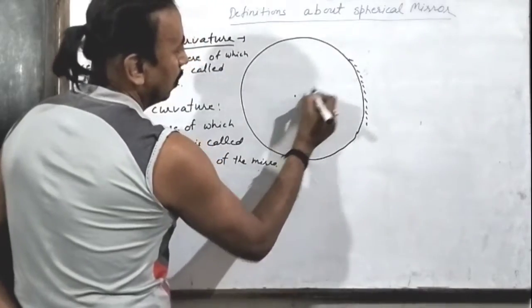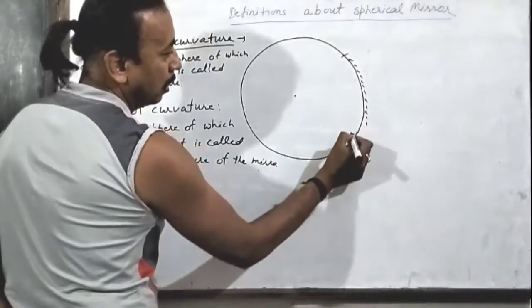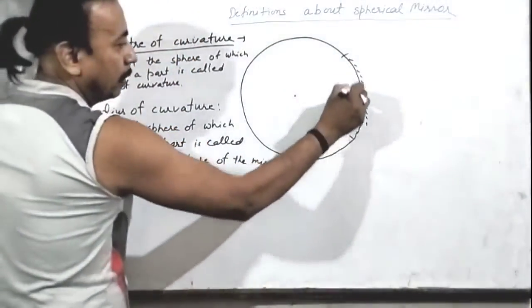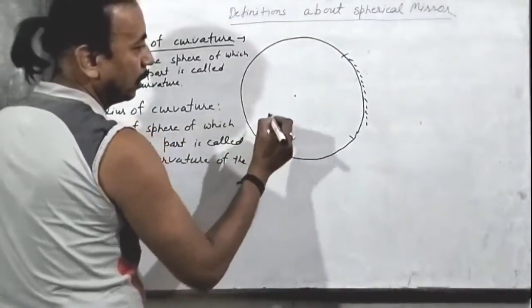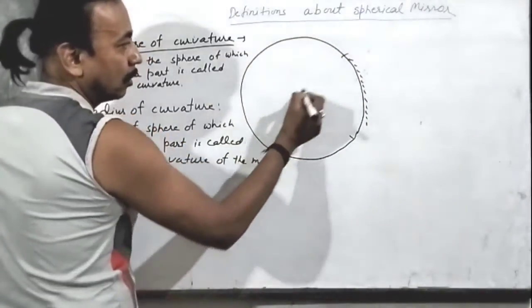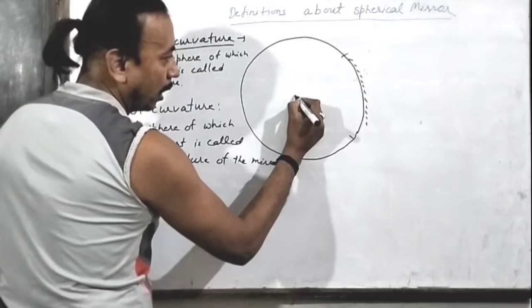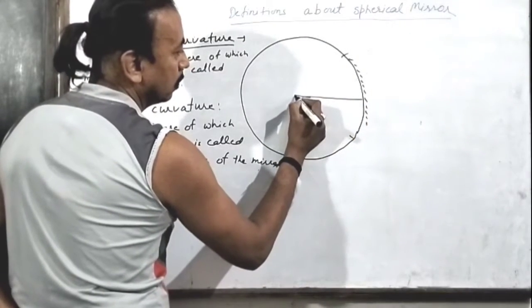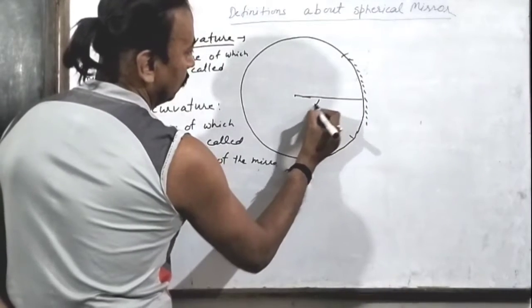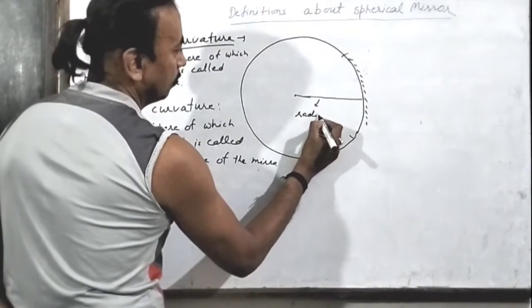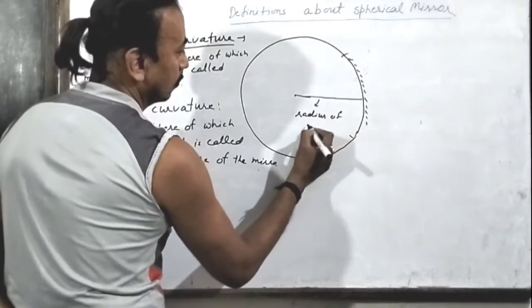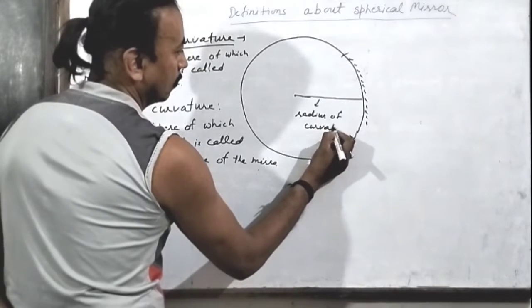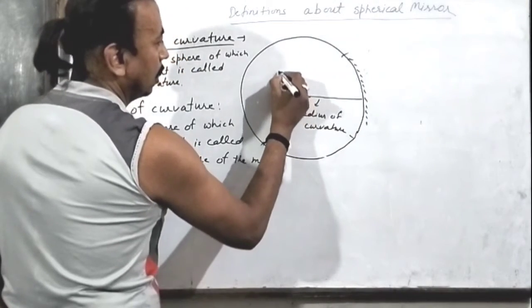So this spherical mirror is part of this sphere. The center of this sphere is called the center of curvature of the mirror, and the radius of this sphere is called the radius of curvature. This is the radius of curvature, and this is the center of curvature.